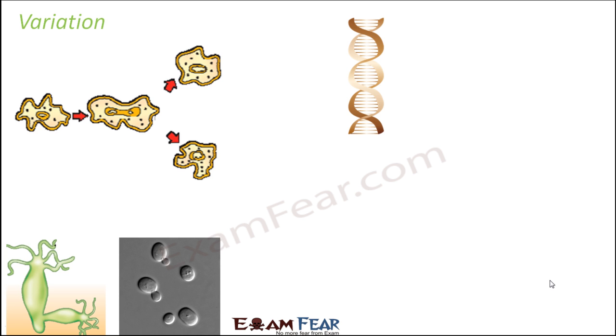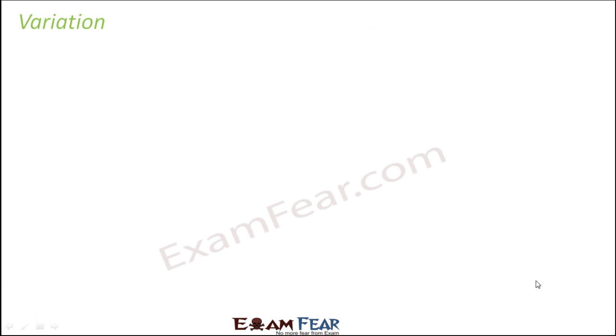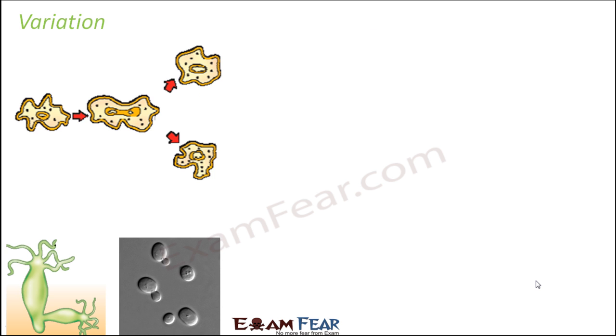So you talk about any organism. In organisms where asexual reproduction takes place, for example amoeba or hydra or yeast, the reproduction happens by either fission or budding. These are the methods they use for reproduction. But even in these methods, DNA copying takes place. The DNA gets copied when your nucleus divides to form two nuclei.